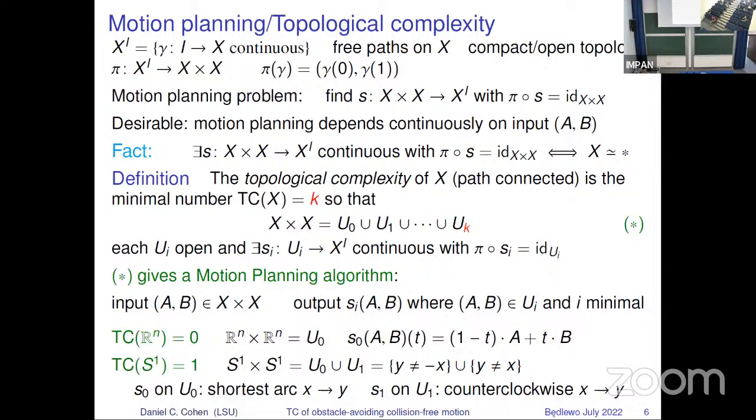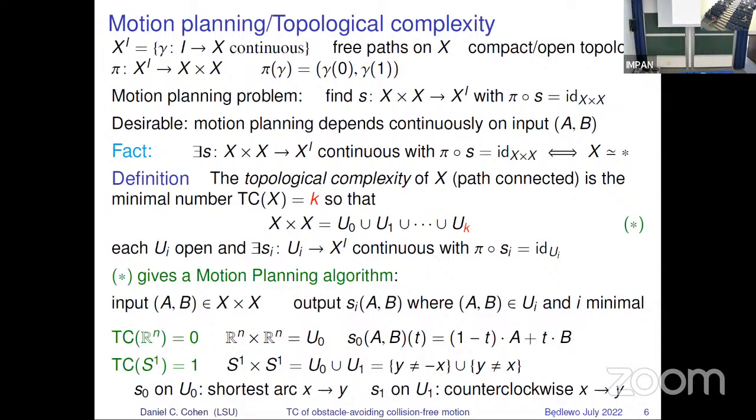This point (A, B) might be in several of the open sets U_i. And one way of thinking about topological complexity, which I won't go into any detail about, is how many of the U_i contain a given point. What's the degree of instability or discontinuity or something. Two very small examples to get rolling.